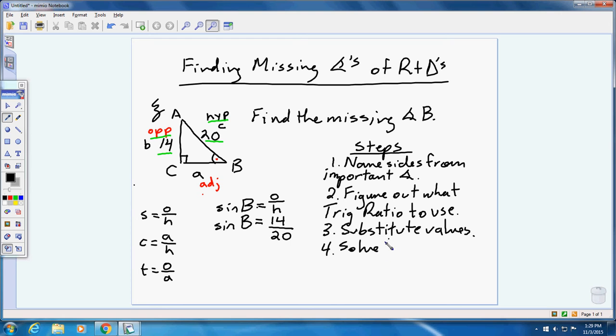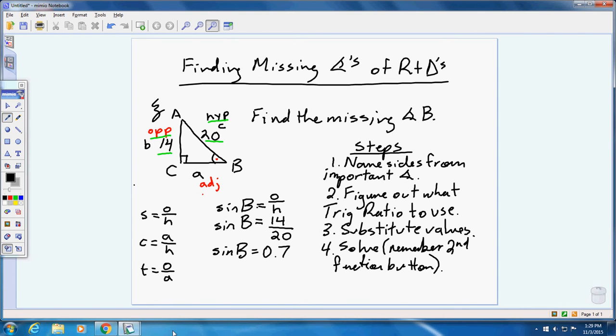And we'll put in brackets, remember second function button. Because only when you're looking for an angle do you use the second function button, right? So we pump that into our calculator and we get the sine of B equals 0.7.